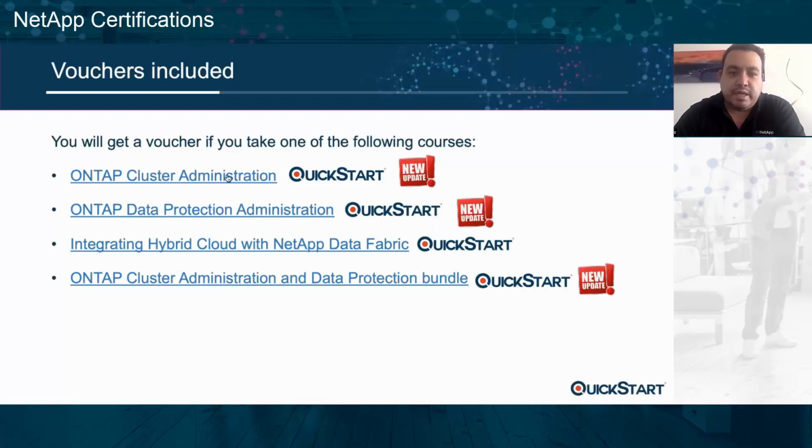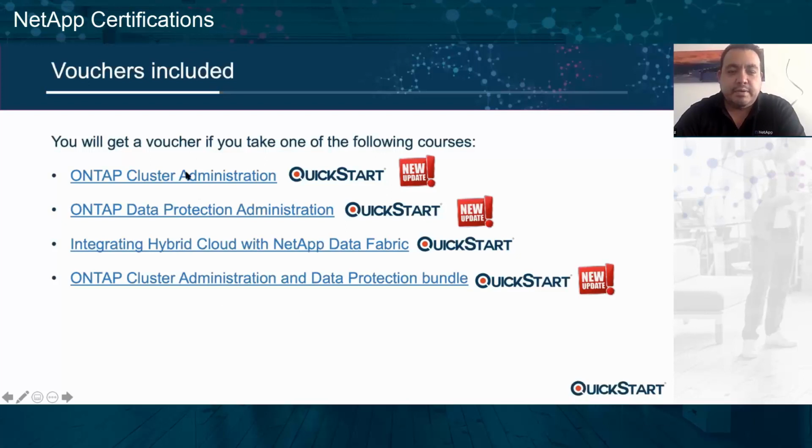And the vouchers that we give you once you take any of the trainings we have on screen are good for $150, okay? And the FlexPod exams are $300. So twice the price than the ones that I showed you before. So any test, $150, FlexPod, $300, okay?